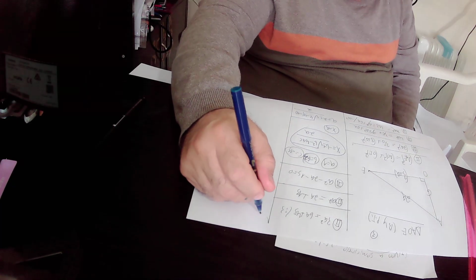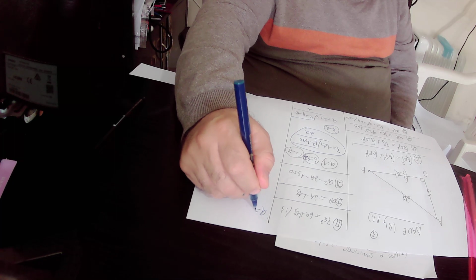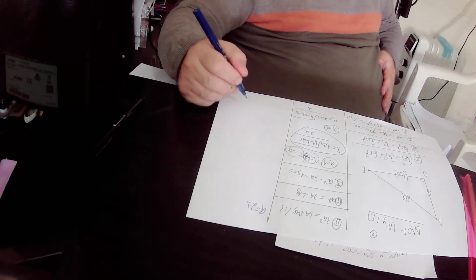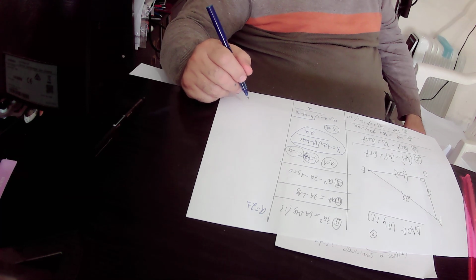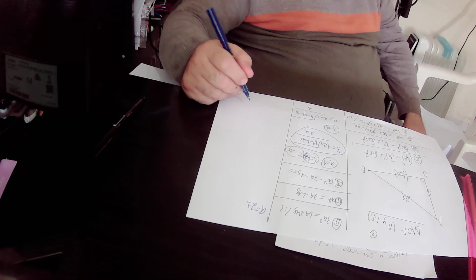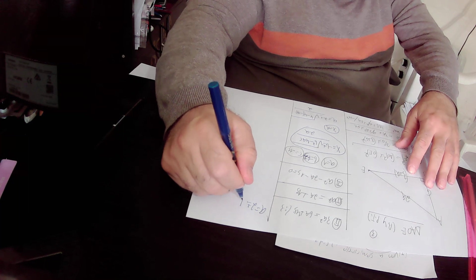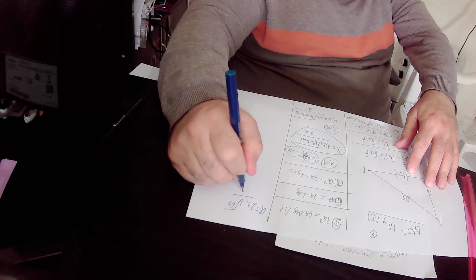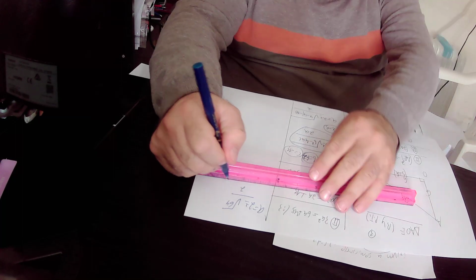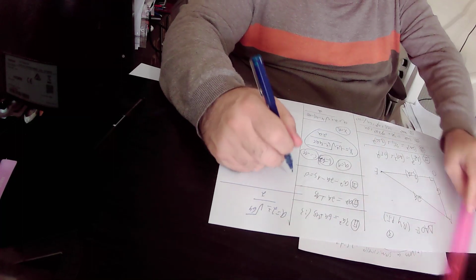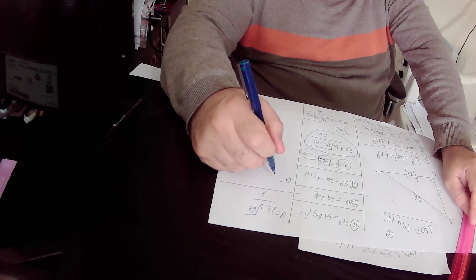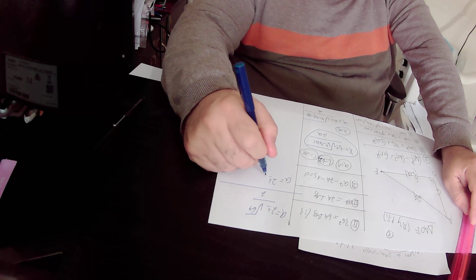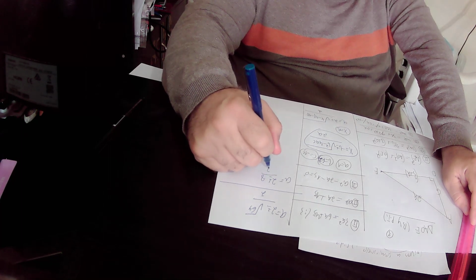So we found out that a equals 2 plus minus square root of 4 times minus 15 is plus 60, and 60 plus 4 is 64. So inside the root we are left only with 64 over 2. So here a equals 2 plus minus the square root of 64, which is 8, over 2.